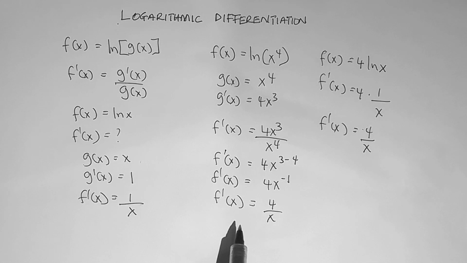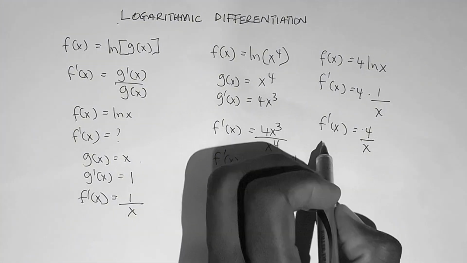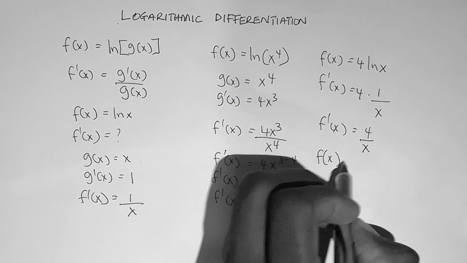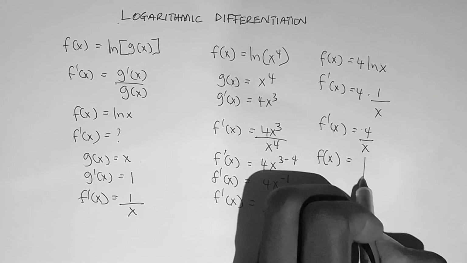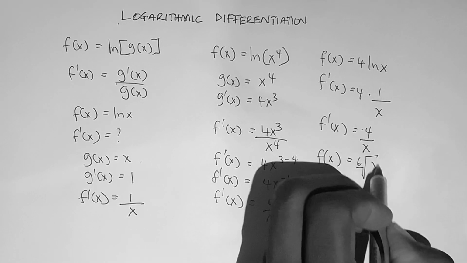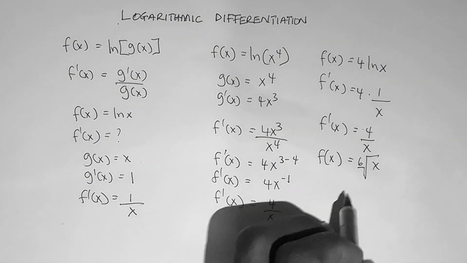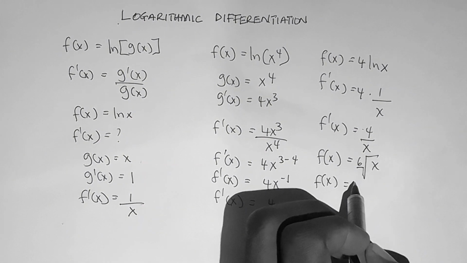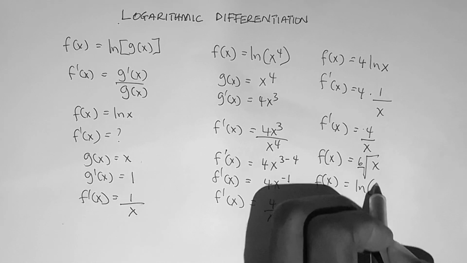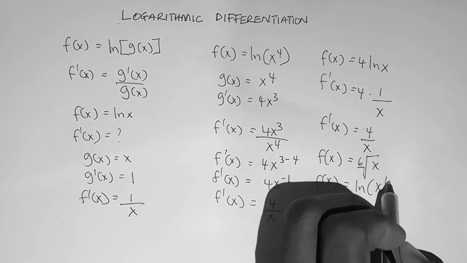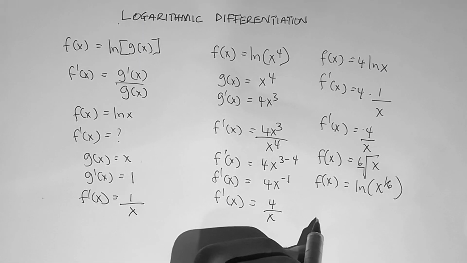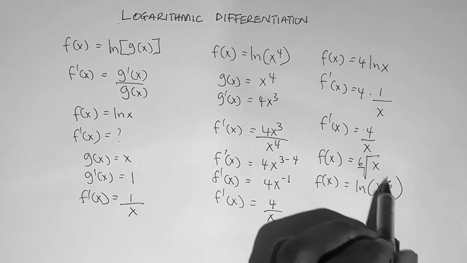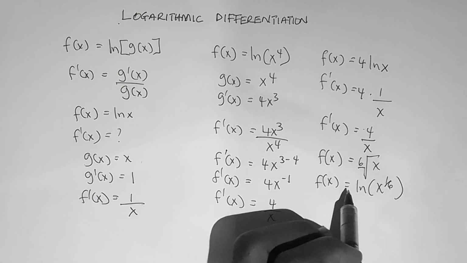Now let's assume that we have f of x equals the sixth root of x. Then what is f prime of x? So now we can write f of x as equal to ln of x exponent, the sixth root of x is the same as 1 over 6. So how do we go about this?